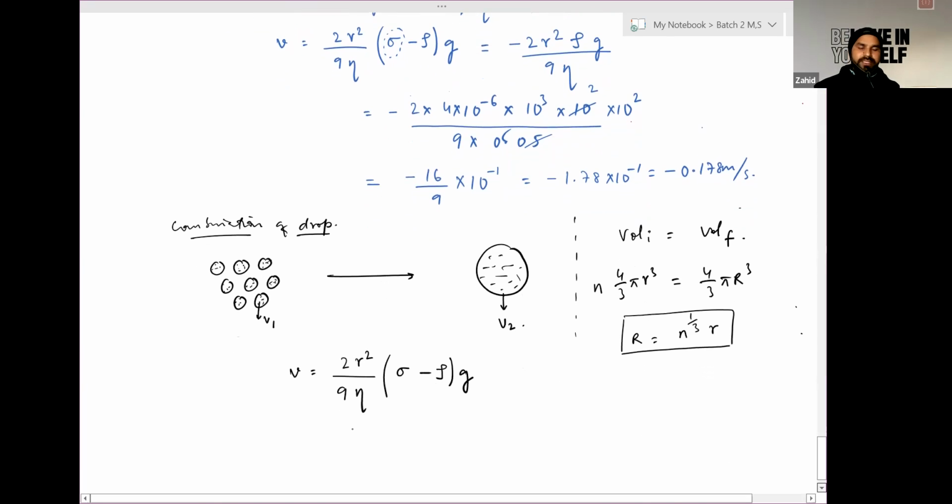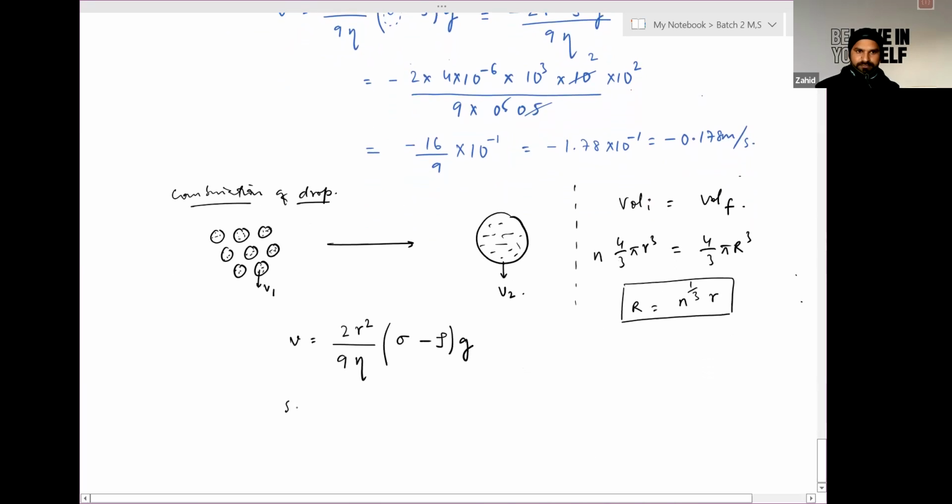Now from this relation we can write V1 divided by V2 equals R1 squared divided by R2 squared, as the rest of the terms are constant, so they will cancel out each other. So we can write it as (R1 over R2) whole squared.